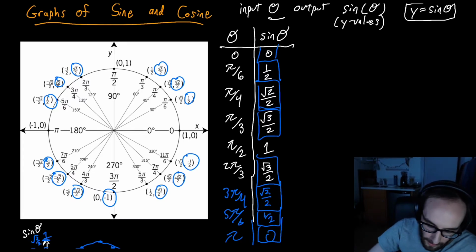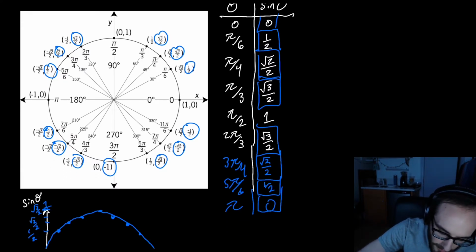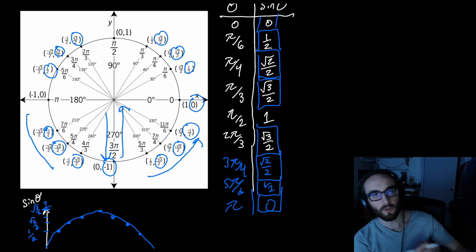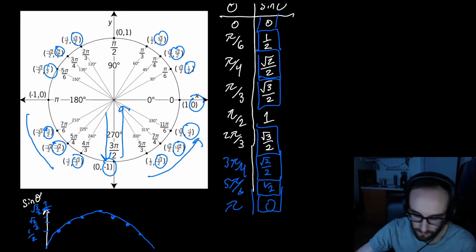And what ends up happening is, as you can see, our y values here are all negative, and they're increasingly negative until we get to -1. And then as we go to the right here, they're still negative, but they become less and less negative until finally we reach 0 again, when we get to 2 pi, one full rotation.